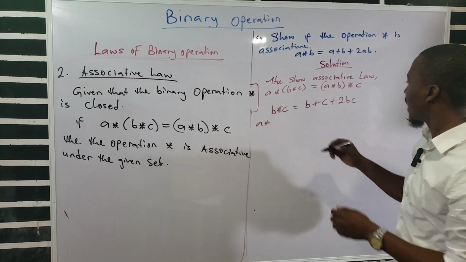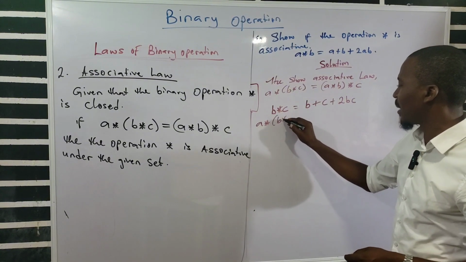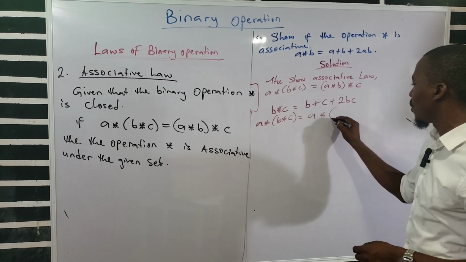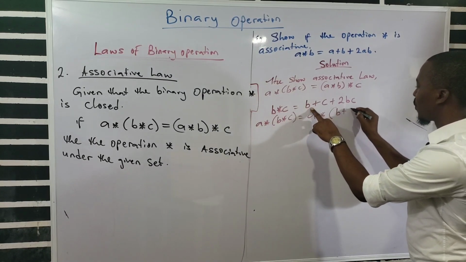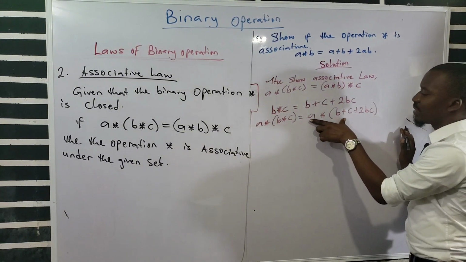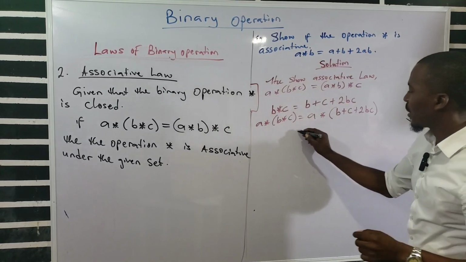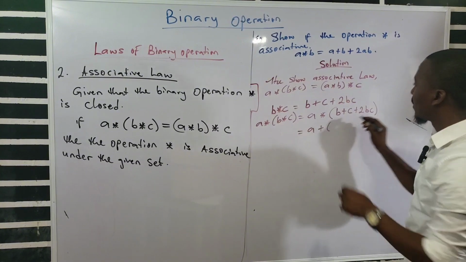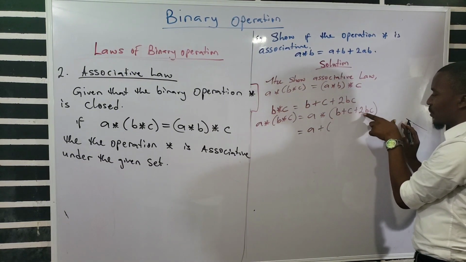So this is our left hand side. A binary B binary C will give us A binary open bracket, B binary C, which gave us B plus C plus 2BC. So we are going to carry out this operation obeying this rule of combination. It's very simple. The first one is A plus the second one, so our second element here is B plus C plus 2BC.